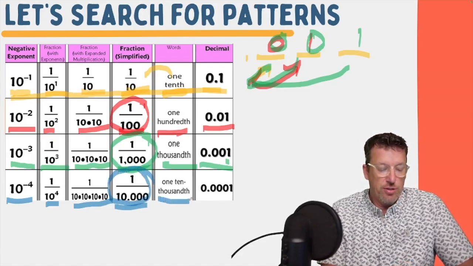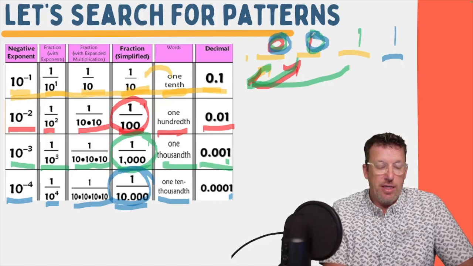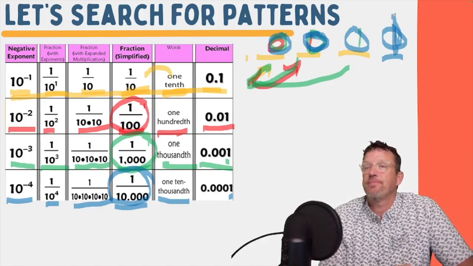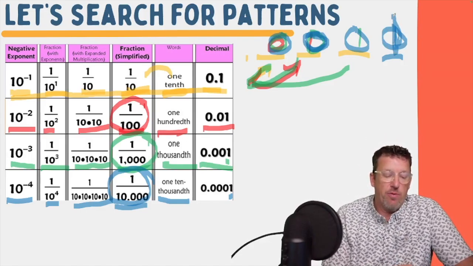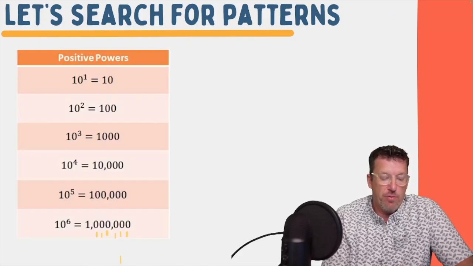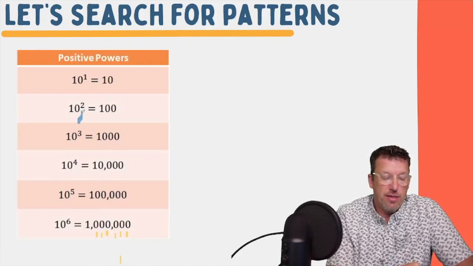That 1 is going to go here, because this is tenths, hundredths, thousandths, ten-thousandths. And that's how we know where that 1 goes. So there's your pattern. When we looked at the other way, this number gave us 2 zeros.